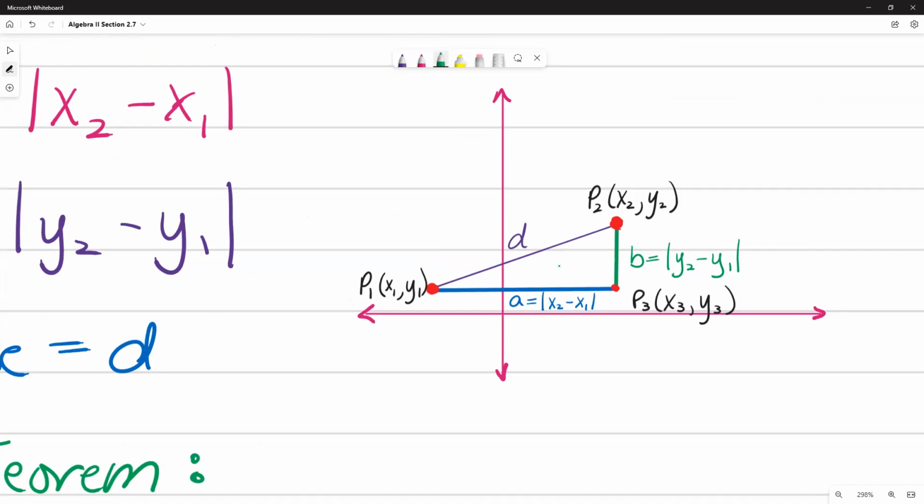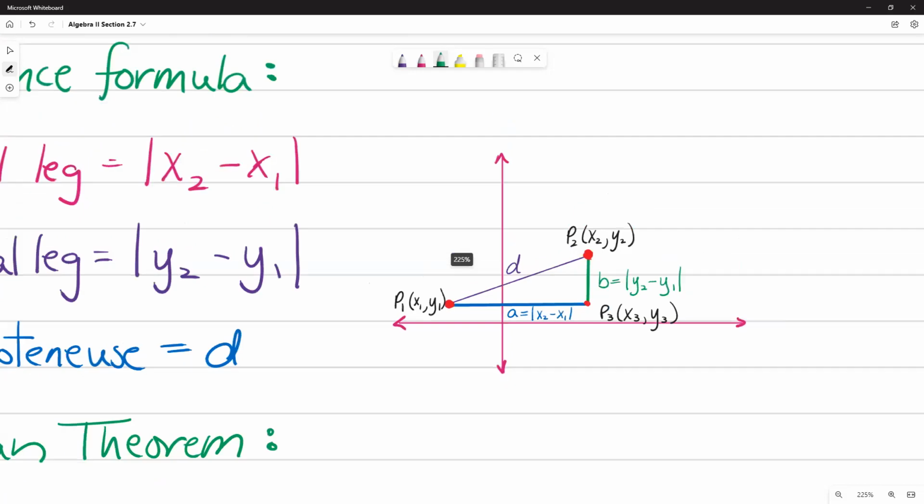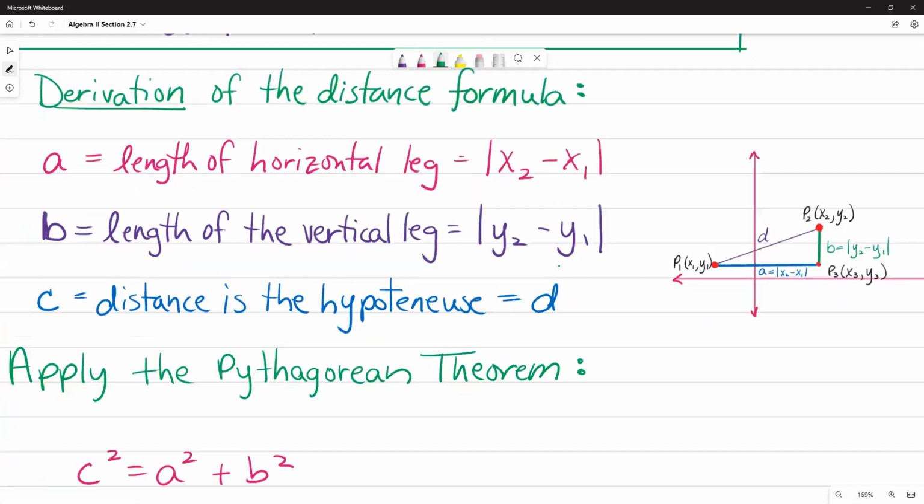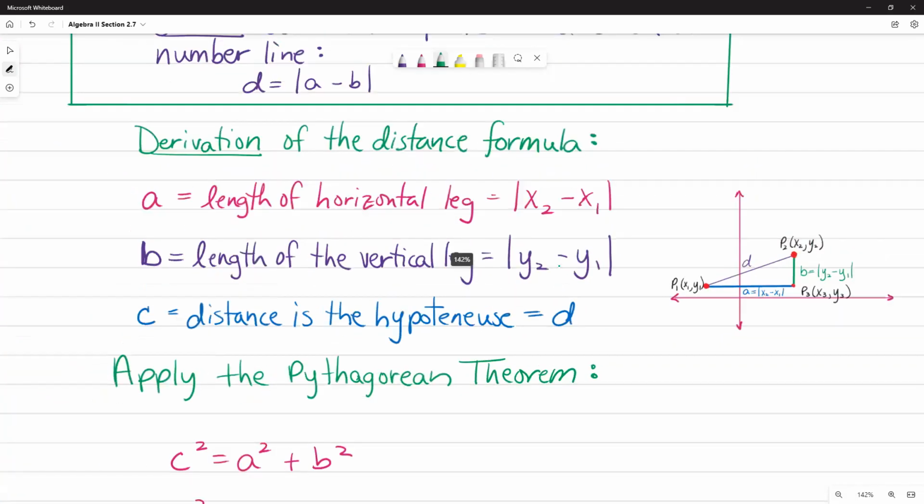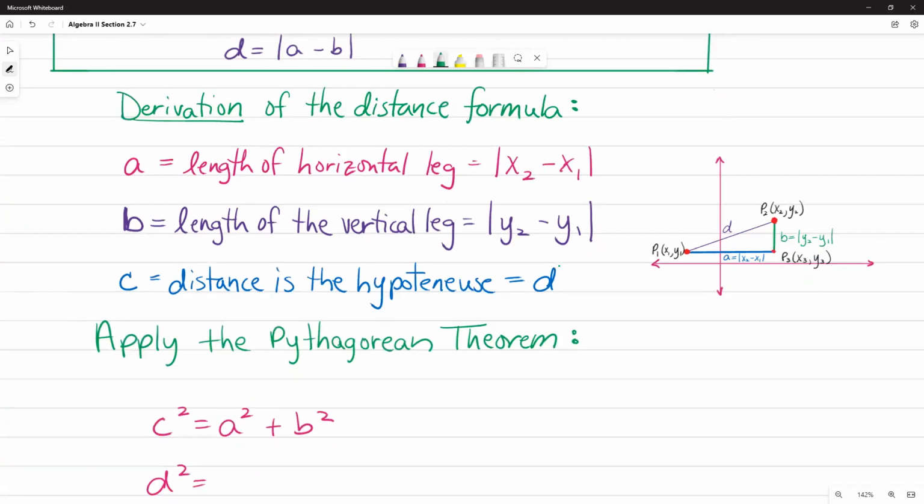By calculating A, the difference in X, and B, the difference in Y, we can figure out the length of the sloped line, the hypotenuse. If you don't really understand, you don't need to know the derivation. I'm just giving it to you so you have it. Again, this is at the top of page 93.